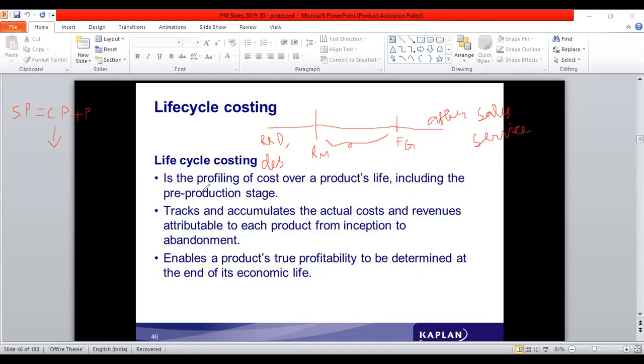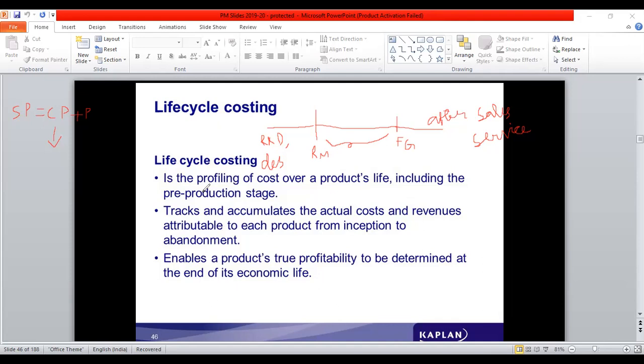It suggests that at the beginning of the production, in the beginning stage only, it has to be identified what is the life of the product. So the first thing that has to be estimated is the life, how long will this product be sold in the market.